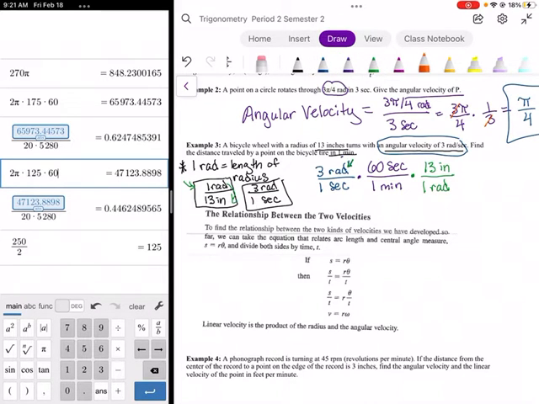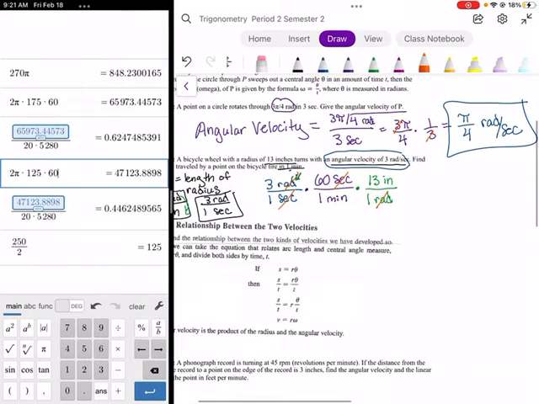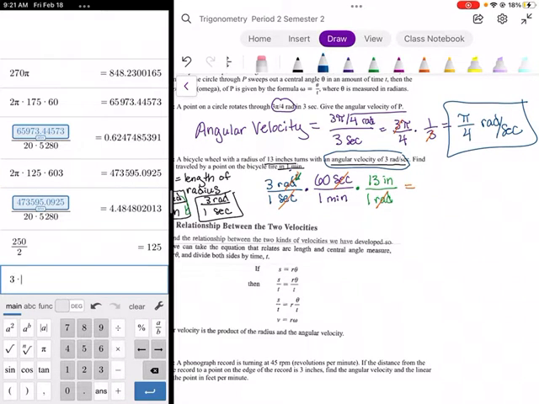And now we're going to see if we cancel out our units. We've got rid of the radians, and the seconds. Now we're going to have inches over minutes, which is what we wanted to do. And we're just going to multiply straight across. So we're going to take 3 times 60 times 13 on the top.